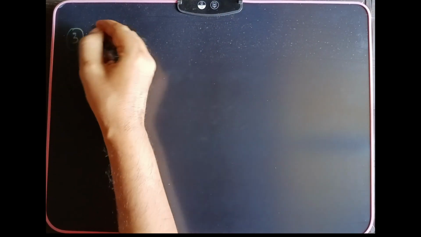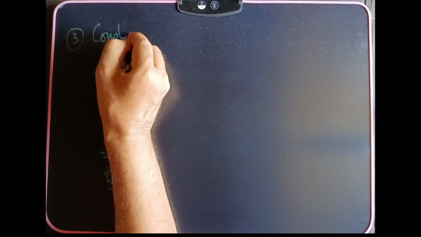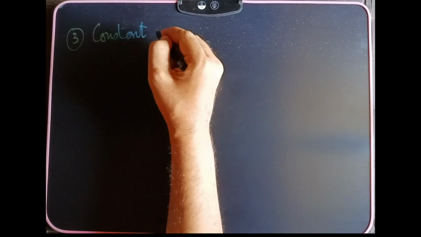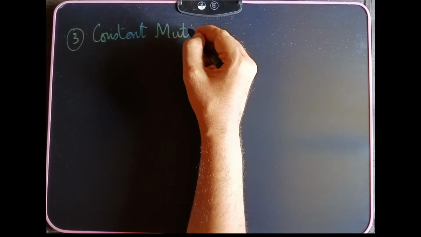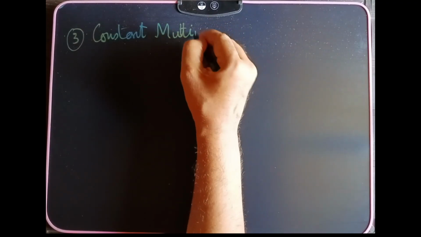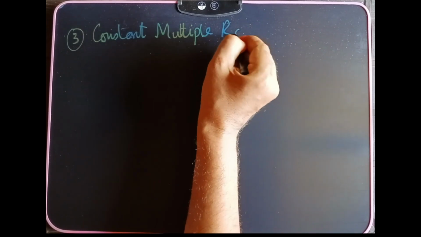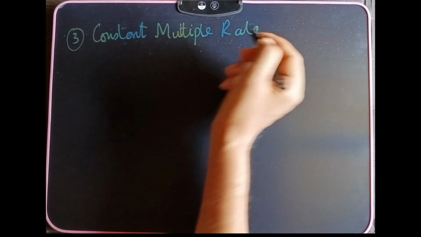Now the next rule, the third rule, is the constant multiple rule. What is this rule?